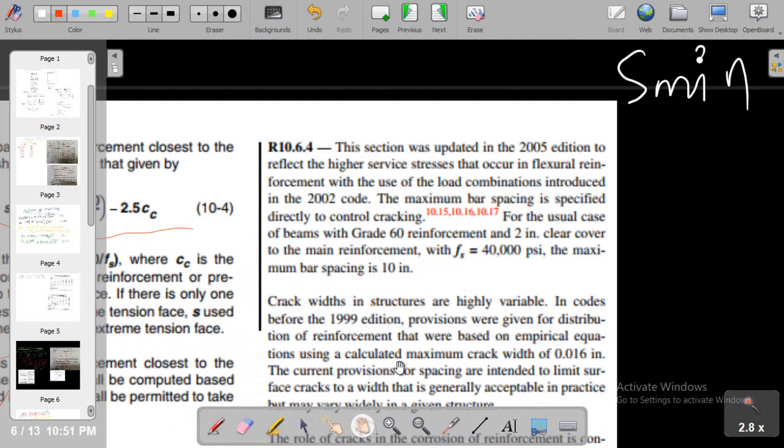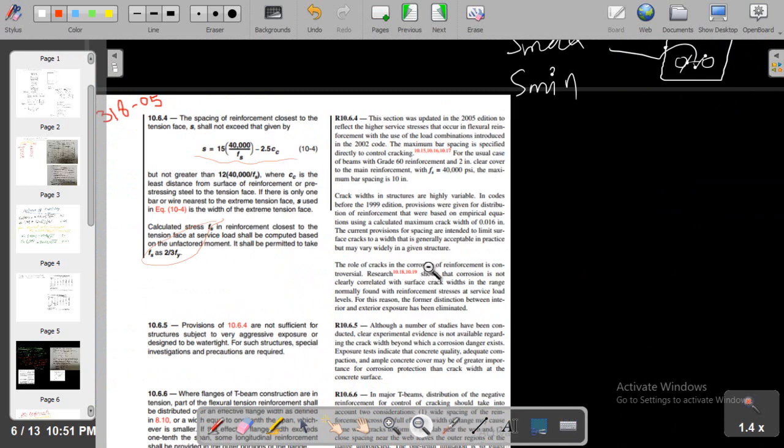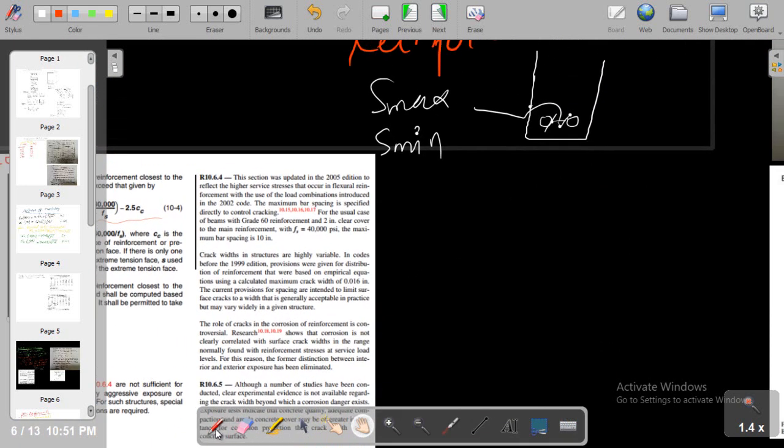Most of the time, the corrosion is caused by the width of the crack, which develops from the bottom of the tension face. Once this crack develops from the bottom side, with the passage of time it will widen, and it will cause corrosion.